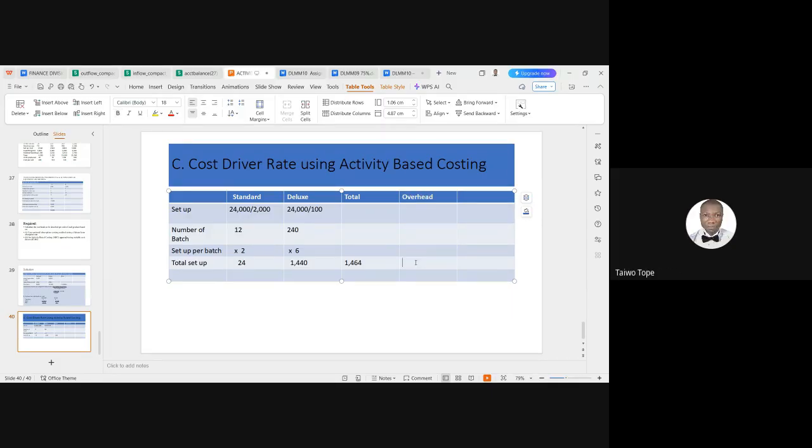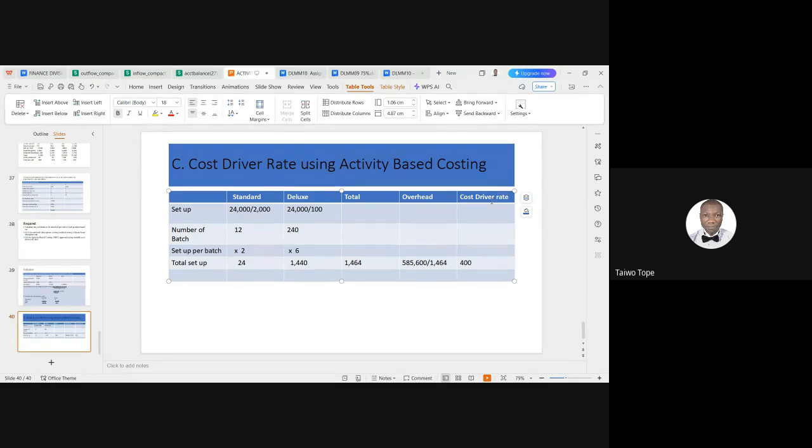So if you want to know the cost of one setup, we divide it by the total number of setup, which is 1,464. So you divide 585,600 by 1,464. So you have 400. So this is the cost driver rate.